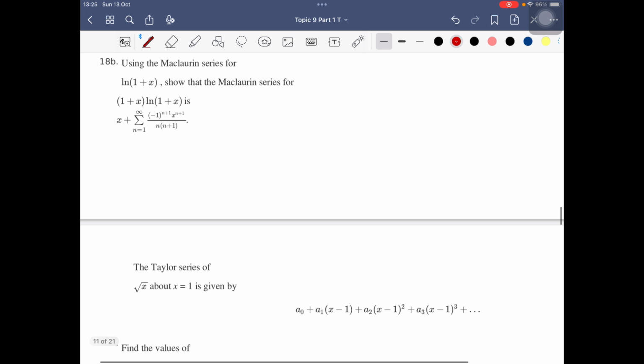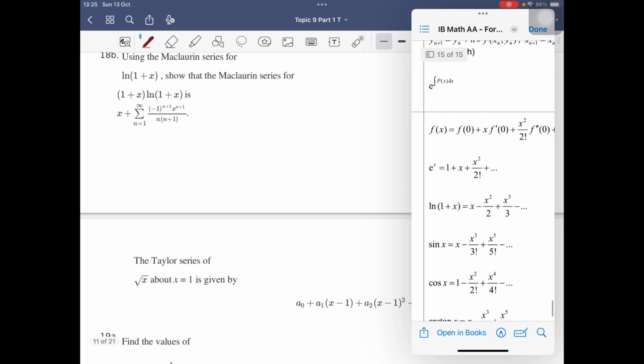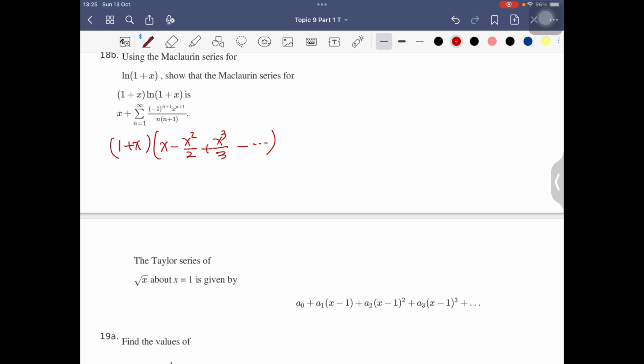This is the Maclaurin series. Let's show ln(1 plus x). Here 1 plus x is there. So ln(1 plus x) is x minus x squared over 2 plus x cubed over 3. Now when we expand them, the term of x is only x. The term of x squared is negative 1 over 2 x squared.